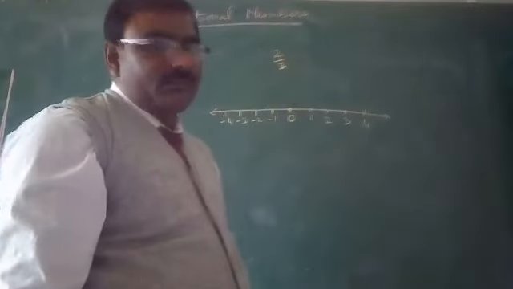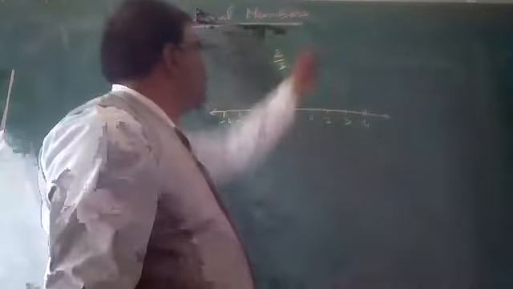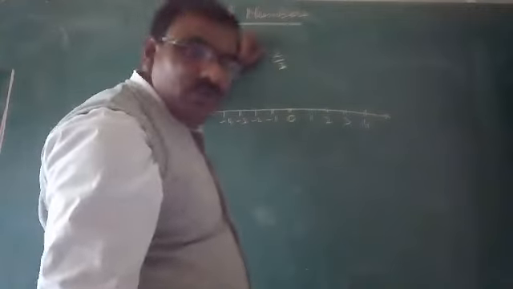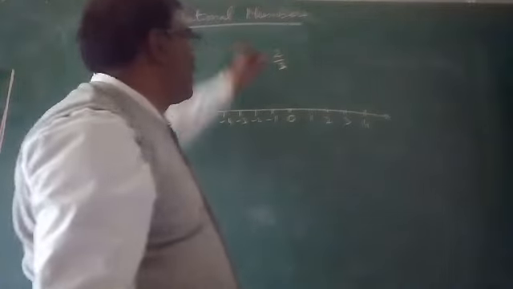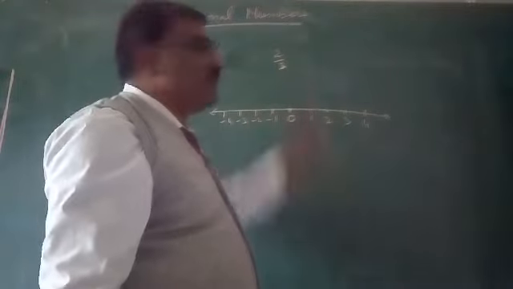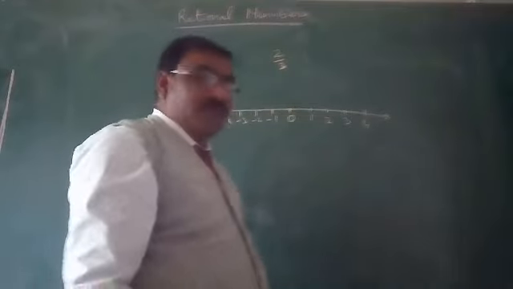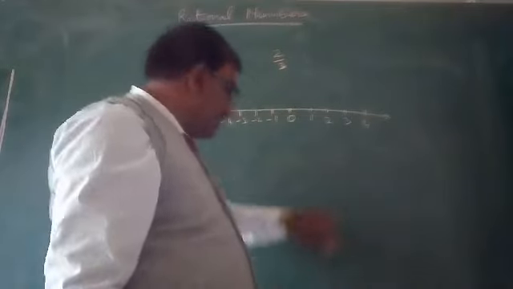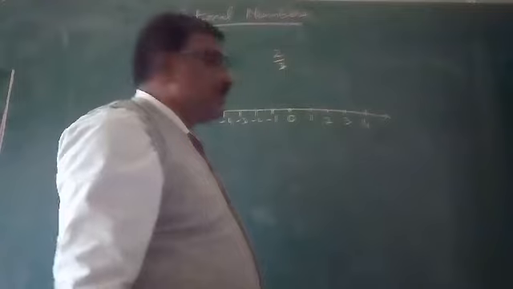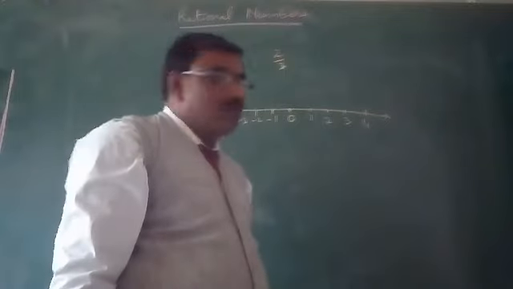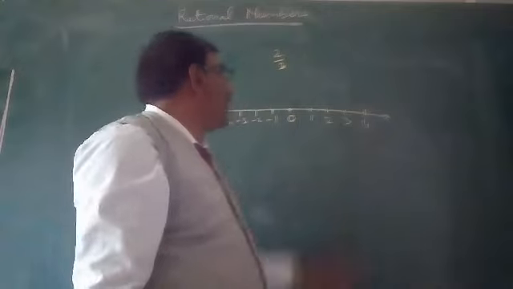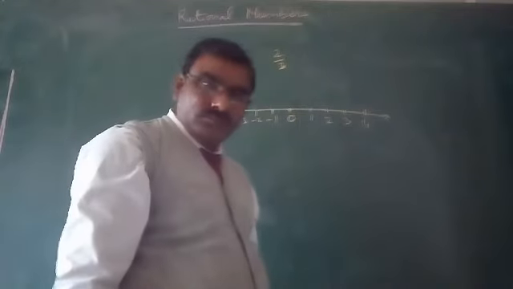Here we see that the numerator is 2 and the denominator is 3. The denominator is greater than the numerator. It means this number is greater than 0 but less than 1.